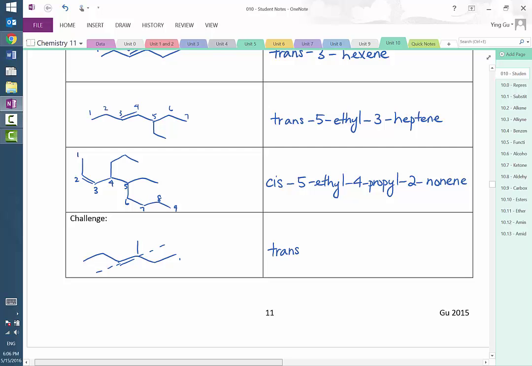We're going to number them from this side so that our double bond and our methyl branch both receive the lowest number, because the rule is lowest number set if possible. So this is trans, 3 methyl, 3 hexene. Okay.